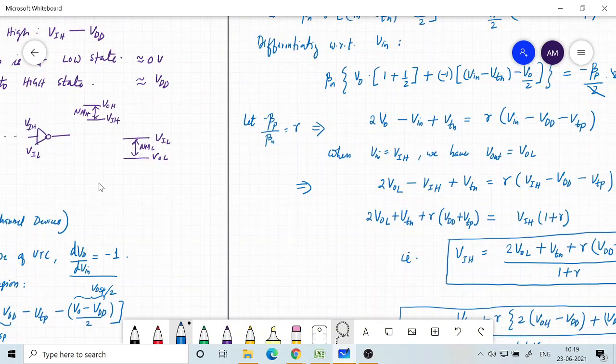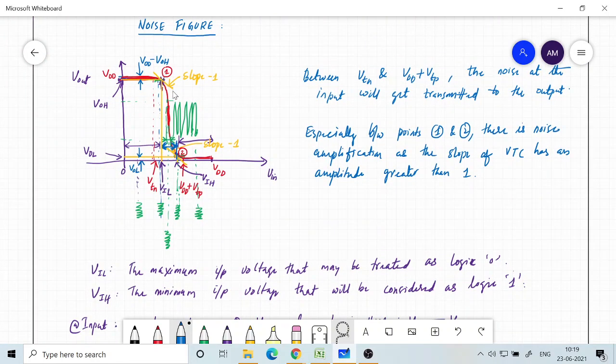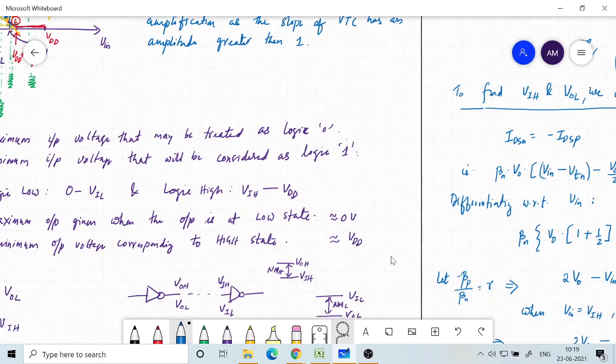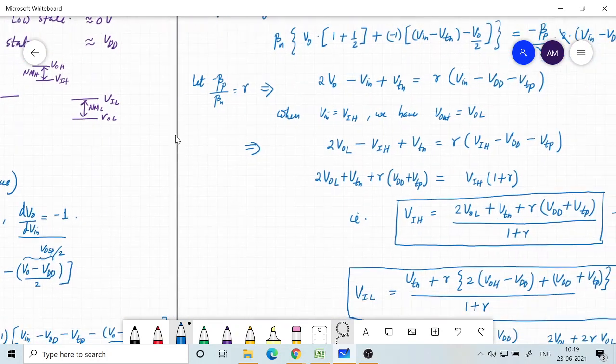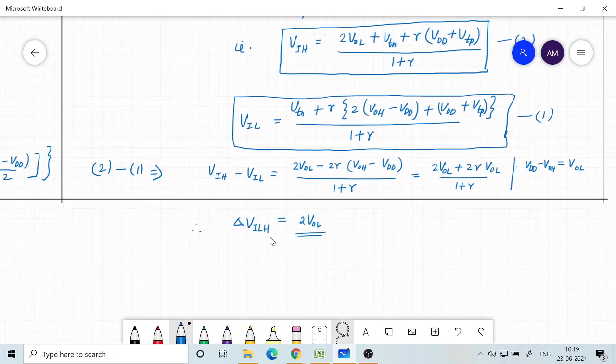So you take this graph that you get through simulation, and then find out the point where the slope is -1, and then you can get 2 points, point 1 and point 2, and with that point you can find out the corresponding input voltage and output voltage. You get 4 voltages, and then what you do is verify with this theoretical calculation whether it satisfies these equations, 1 and 2 that we have derived, and also check whether your delta is 2 VOL.